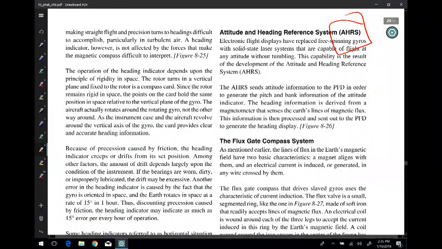So just like the fluid lines inside these tubes inside your middle ears, those little hairs when they move indicate that you're moving. It's the same thing that happens with these MEMS inside these AHRS systems, and they're called accelerometers. So if you feel like something is accelerating and you're getting pushed back, you will feel that on these little circuits that just sit there and vibrate and detect movement. And so that's what AHRS is all about. So AHRS runs the G1000 system.